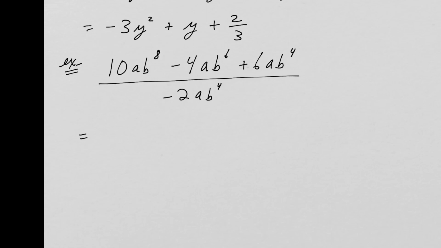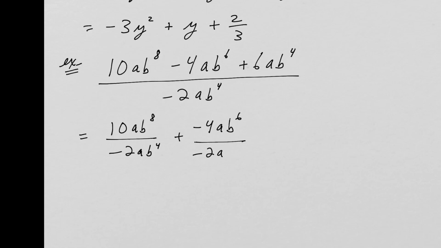So again, we're going to rewrite this: 10ab to the eighth over negative 2ab to the fourth, plus negative 4ab to the sixth over negative 2ab to the fourth, plus 6ab to the fourth over negative 2ab to the fourth.